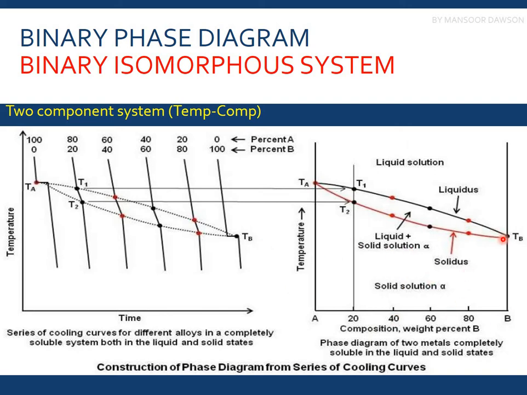This line is the liquidus line, below which freezing would start as we lower the temperature, and here you can see that the liquid would start converting into the solid phase. So this region has both the liquid phase and the solid phase, which is called alpha. That is mentioned over here.